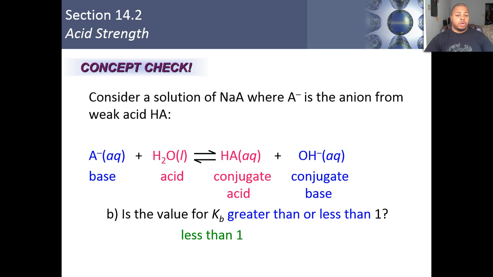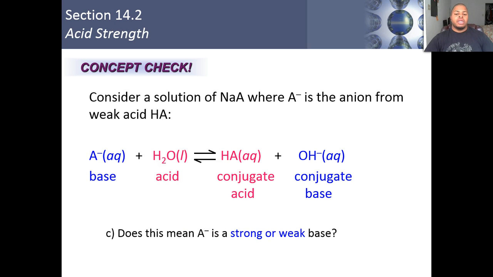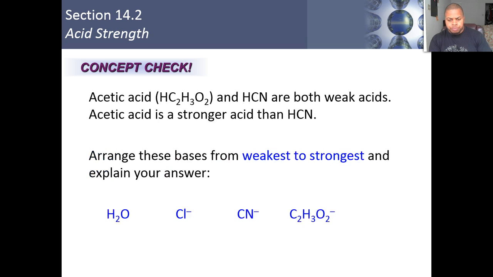So it's going to be less than 1. Now, since we have a value less than 1, does this mean it comes from a strong or weak base? Well, it also has to come from a weak base, because the small concentration that we're dealing with can only come when we have a weak base.